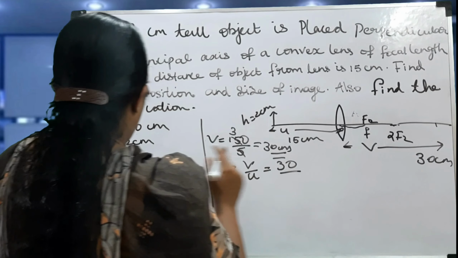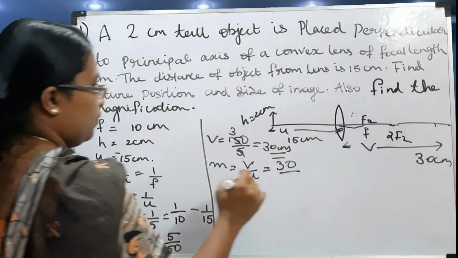And u is minus 15 cm. So the magnification is minus 2. Magnification has no units.